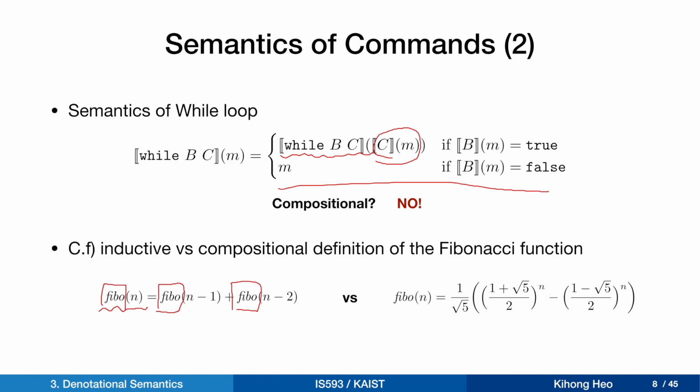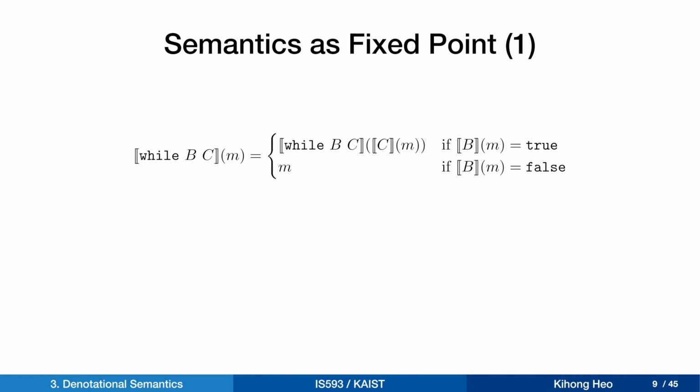This definition, as you can see, is definitely compositional. So this definition is a compositional definition that explicitly tells you what Fibonacci of n is. Okay. But in general, finding such general terms of arbitrary functions is non-trivial. But semantic functions of computer programs have very special characteristics which will be described as follows.